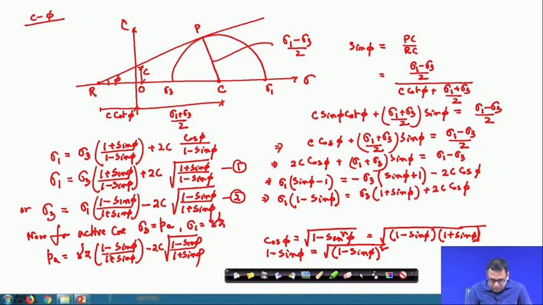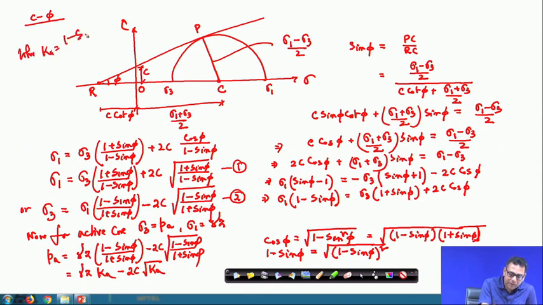Okay. Now, (1 minus sin phi)/(1 plus sin phi) is nothing but K A. So, I can write this as gamma z K A minus 2c root over K A, where K A is equal to (1 minus sin phi)/(1 plus sin phi). Okay. So, this is for the active case.